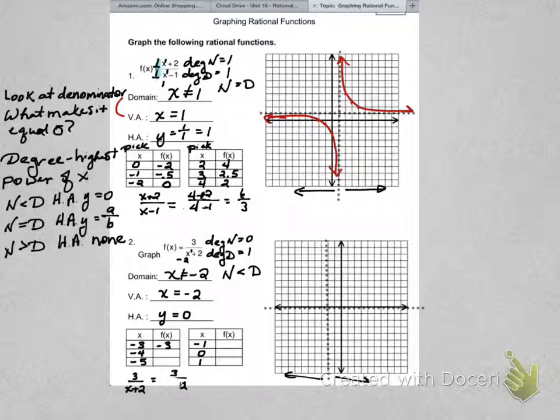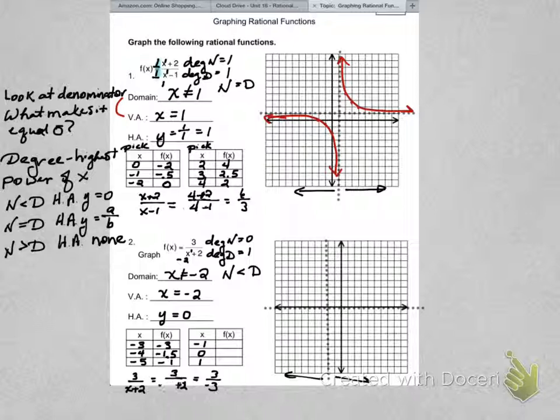Then we'll have 3 over negative 4 plus 2, which will be 3 over negative 2, which is negative 1.5. And then 3 over negative 5 plus 2, which is 3 over negative 3, which is then negative 1.